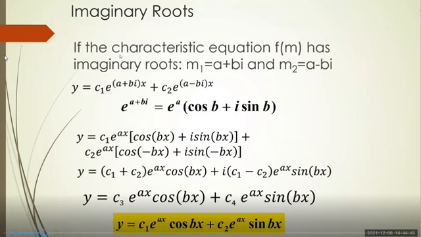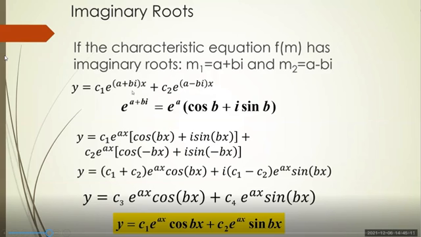So if the characteristic equation, f of m, has imaginary roots m1 equals a plus bi and m2 equals a minus bi, your solution would then be y is equal to c1 e to the a plus bi x plus c2 e to the a minus bi x.